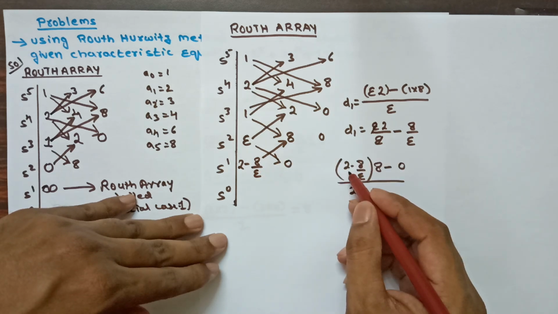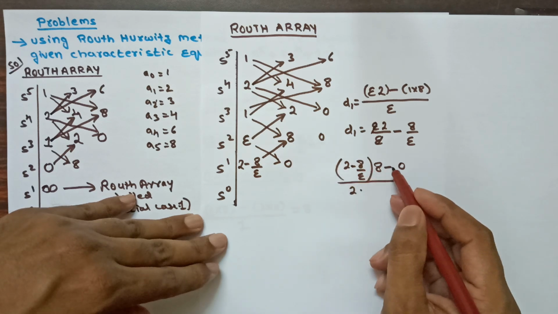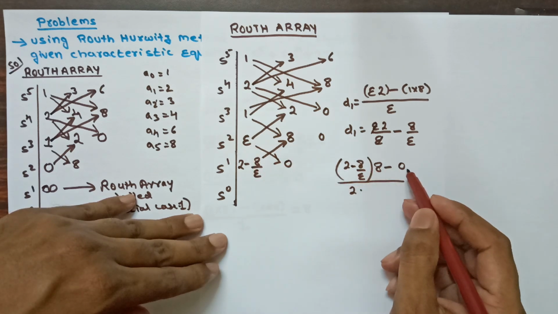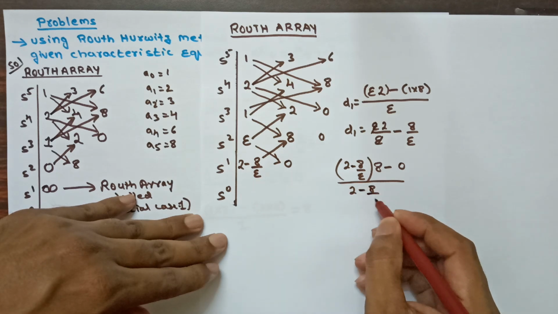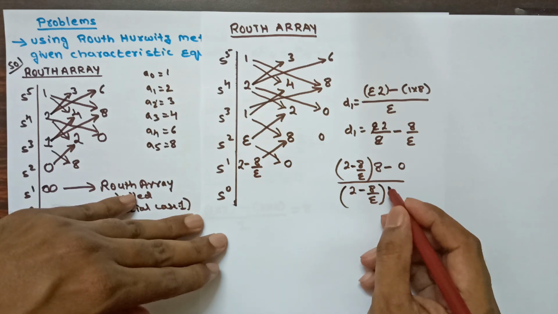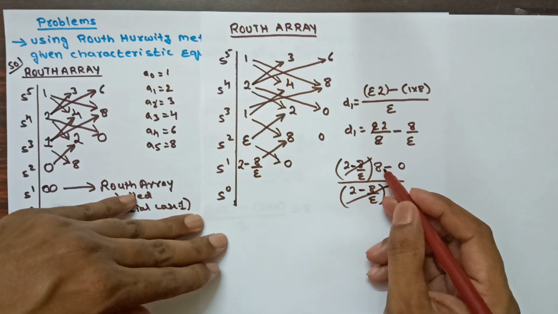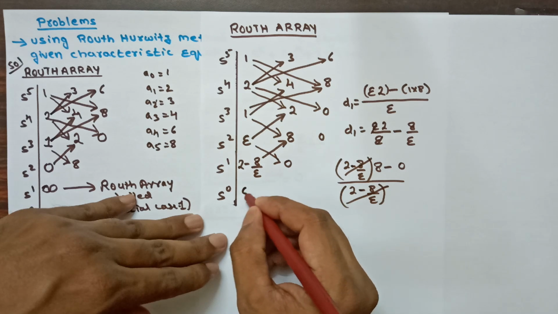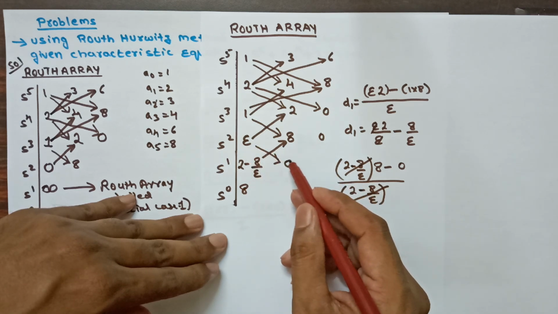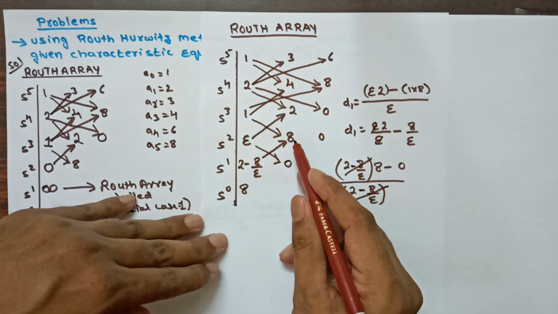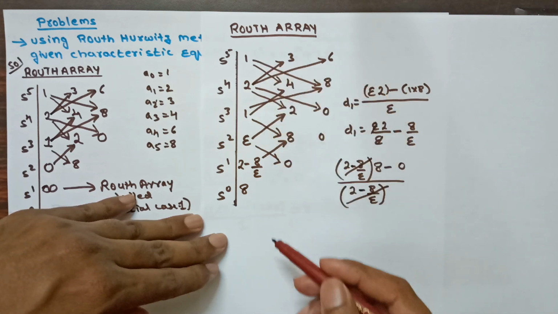Epsilon into 2 minus 8 by epsilon into 8 minus epsilon into 0, divided by 2 minus 8 by epsilon. In this the 2 minus 8 by epsilon gets cancelled and we'll get only 8. And we know the shortcut method, whenever we get any diagonal multiplicand 0, the above value is the resultant value, that is 8.